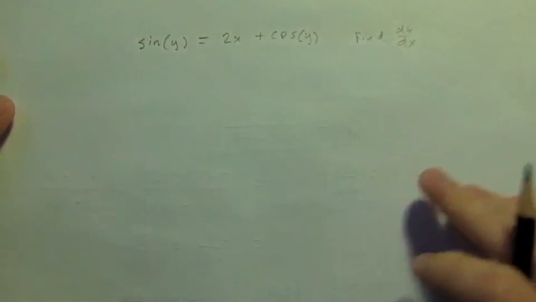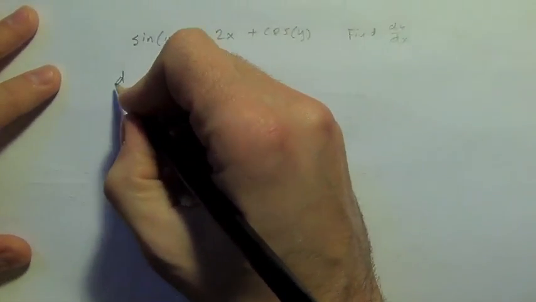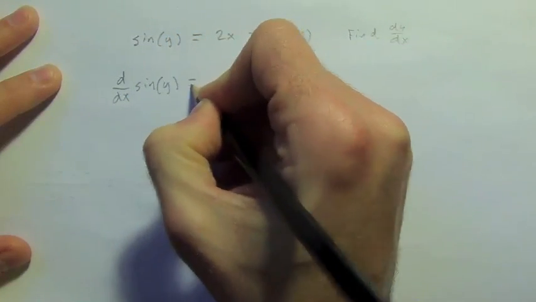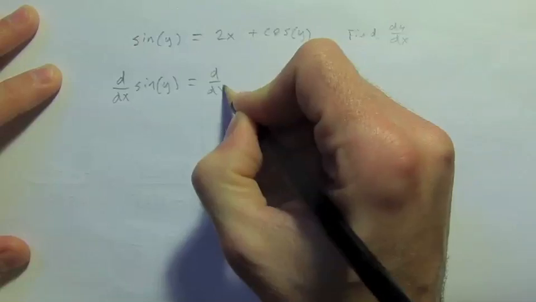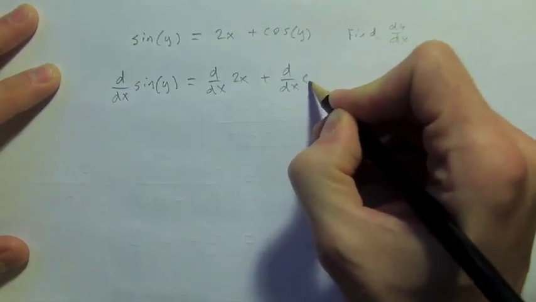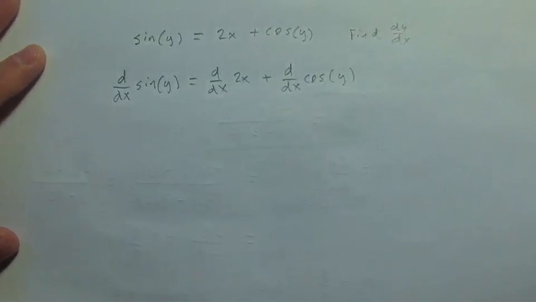Alright, next example, I'll lay off the finding the equation of the tangent line for now, but let's say I have sine of y is equal to 2x plus cosine of y. Okay, so I'm going to take the derivative with respect to x of everything. And again, this is not a step you have to write, I'm just doing it just to be explicit, I guess.